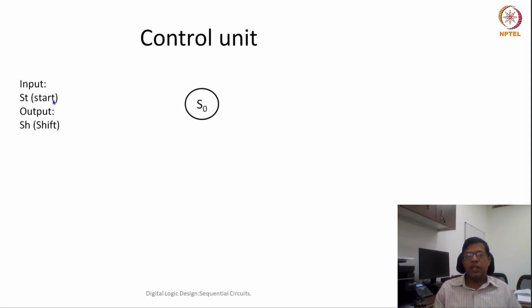In the reset state, the flip flop which was saving my C out or carry should be given a reset. And along with that, I would be always waiting for a start. So if start is 0, then it would still remain in this state.